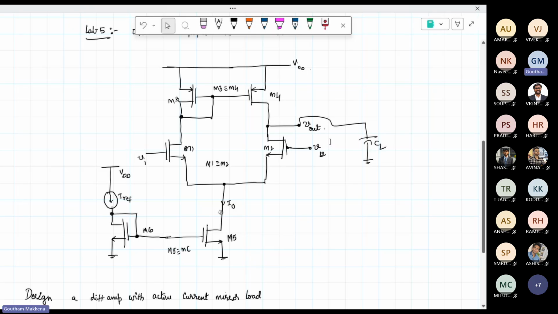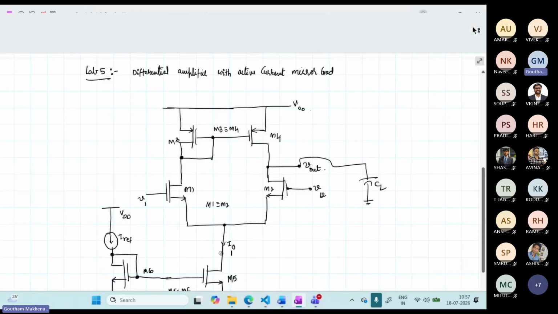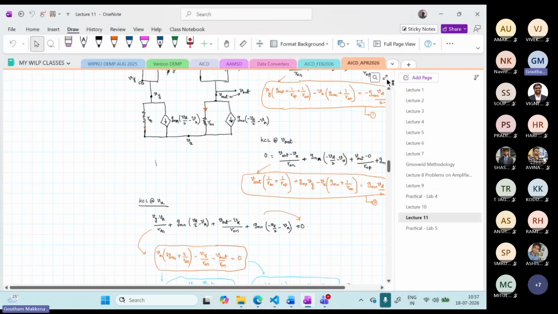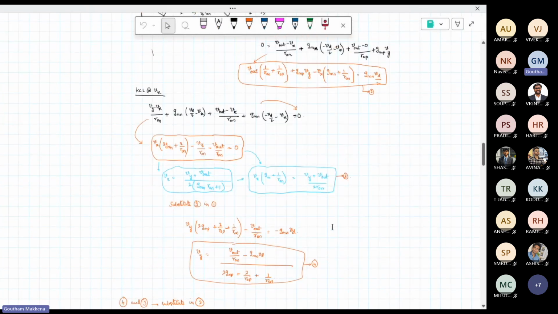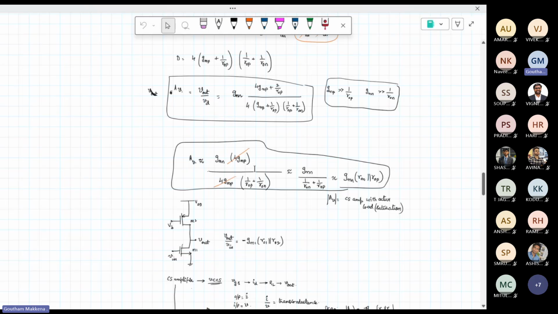Anyone? So I'll give you a small hint. Today morning, I derived a lot of stuff. Okay. So what is the DC gain of this amplifier? Okay. Is it giving any idea?